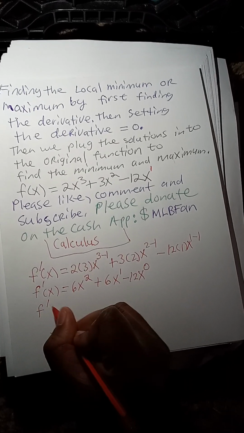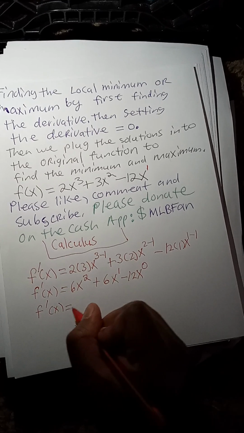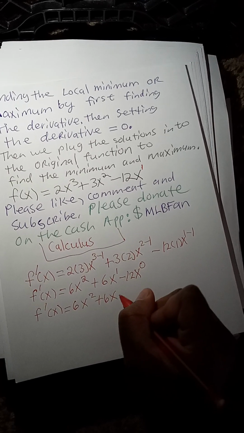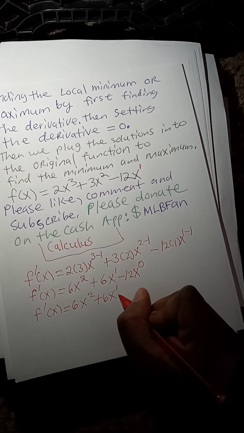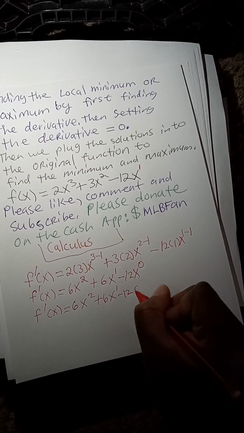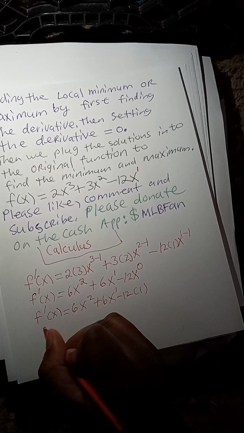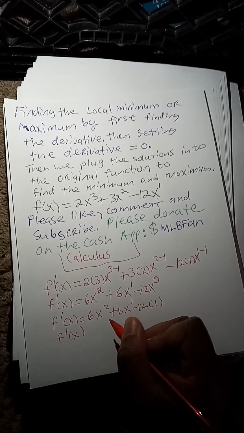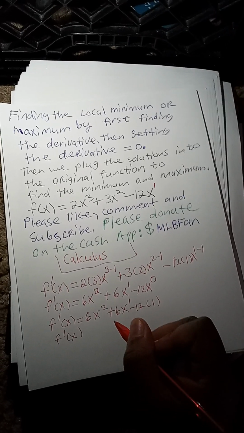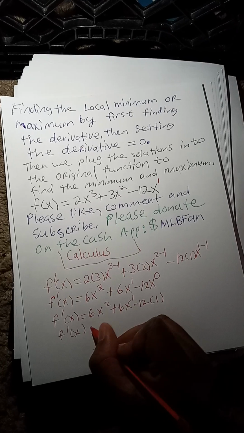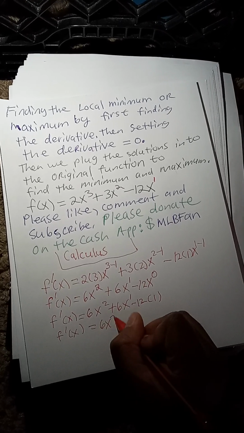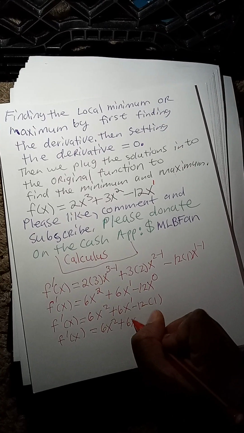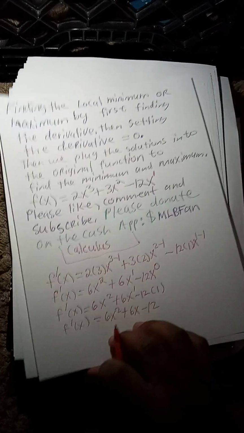So f prime of x is equal to 6x squared plus 6x to the power of 1 minus 12 times 1. So f prime of x will equal 6x squared plus 6x minus 12.